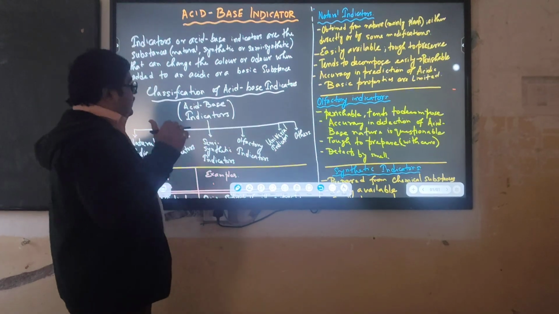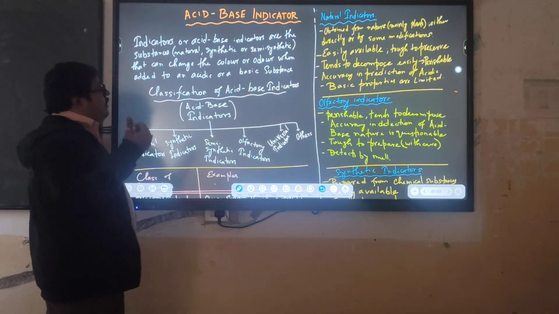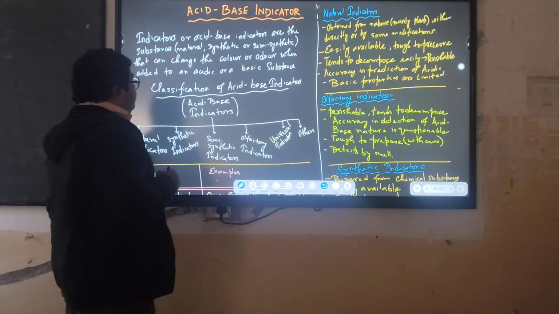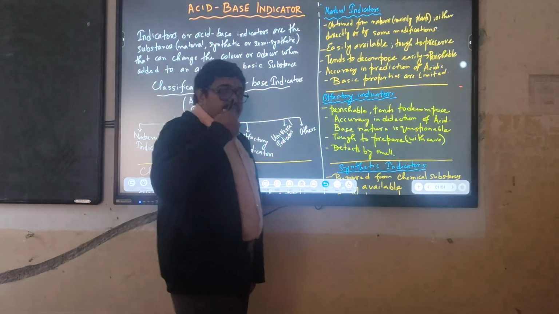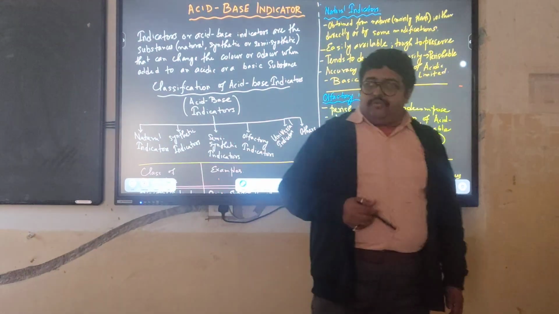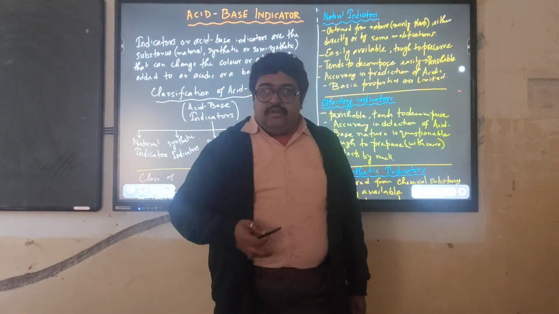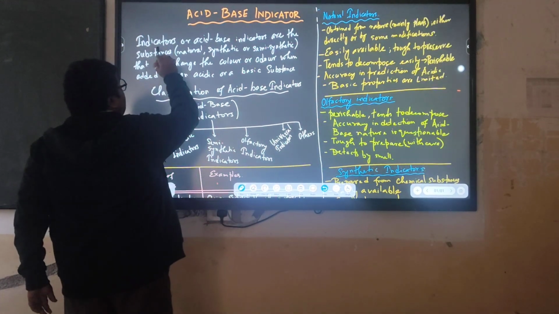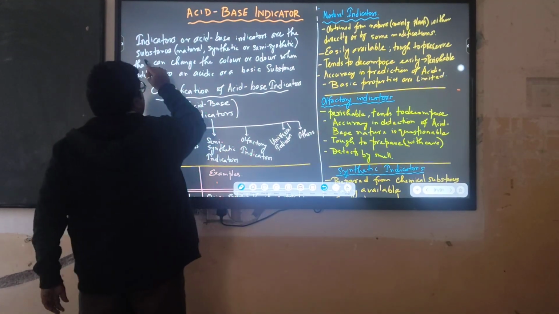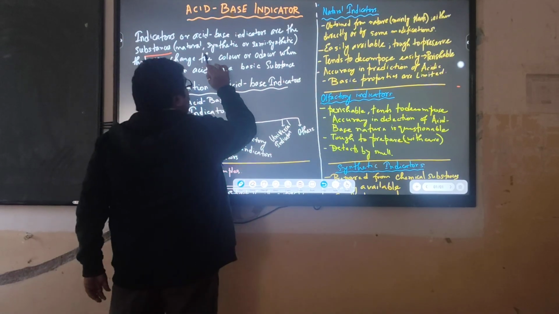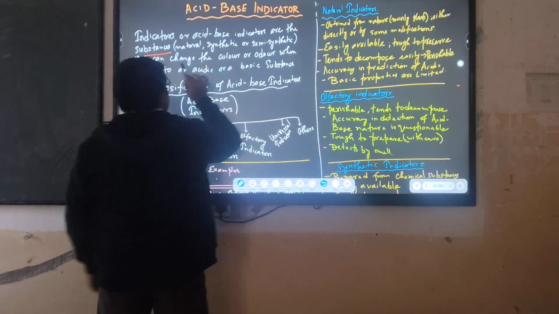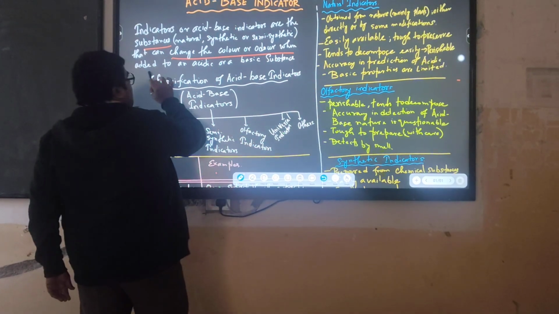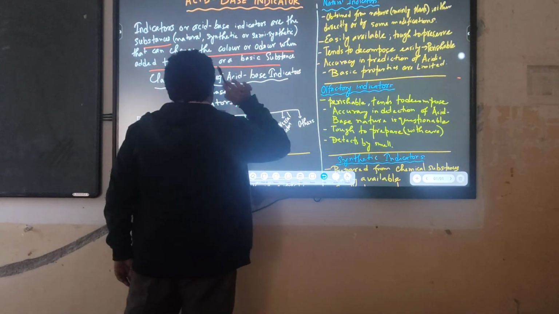An indicator is basically a substance, natural, semi-synthetic or synthetic, that is used to detect whether a substance is acidic or basic, either by change of color or by odor. I read the definition, it's already marked here. Indicators or acid-base indicators are the substances, natural, synthetic or semi-synthetic, that can change the color or odor when added to an acidic or basic substance.